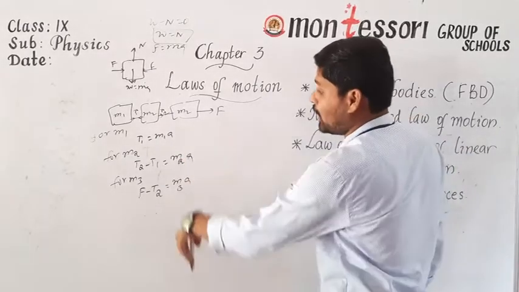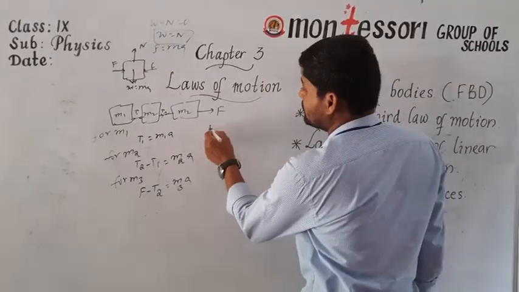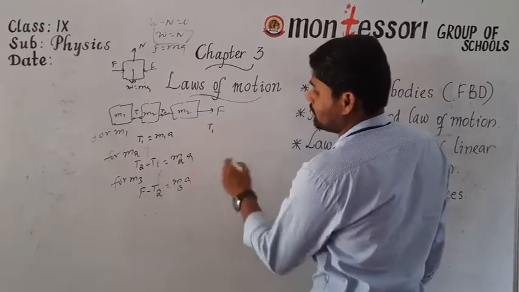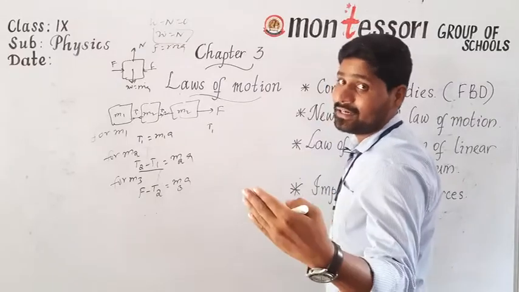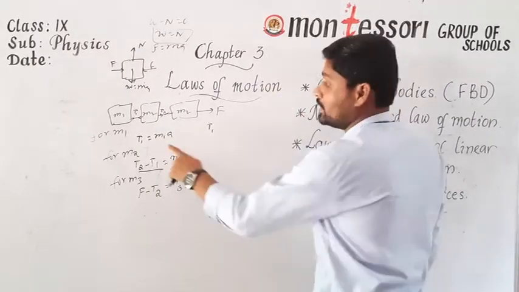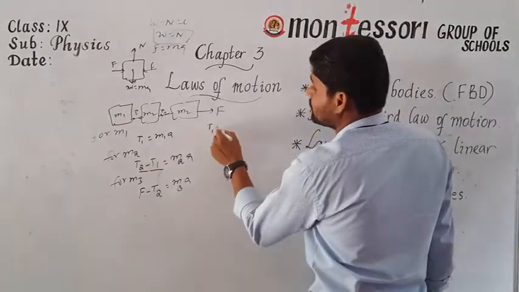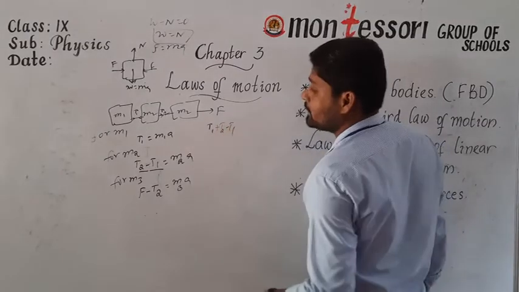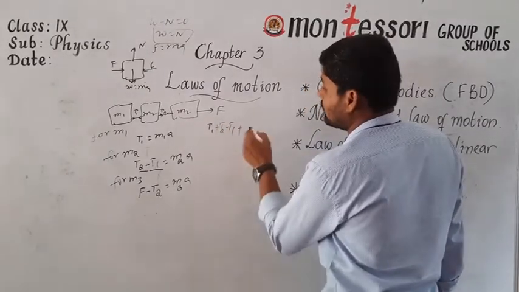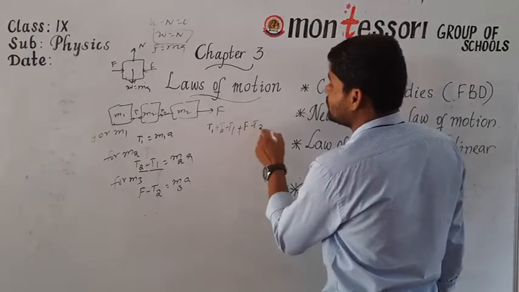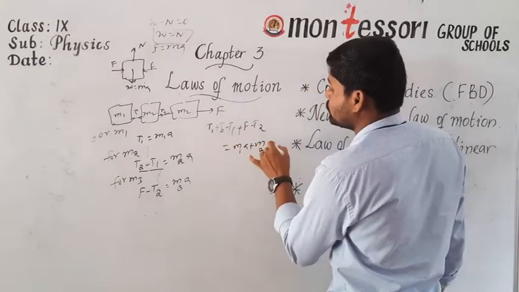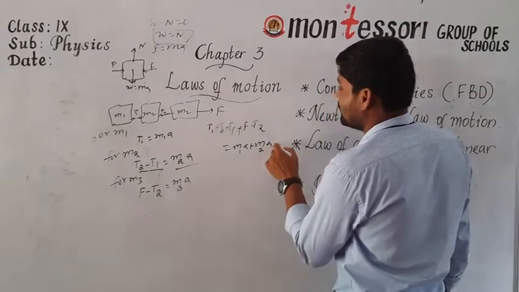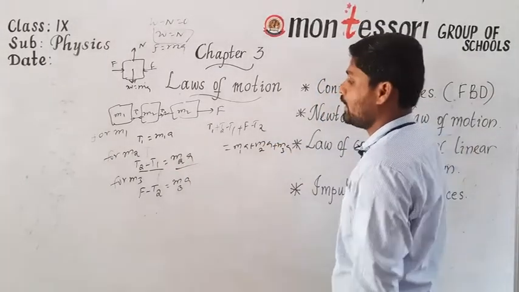If you add all these three, we add the LHS parts on the LHS side and the RHS parts on the RHS side. So T1 plus T2 minus T1 plus F minus T2 is equal to m1a plus m2a plus m3a. Is it clear?